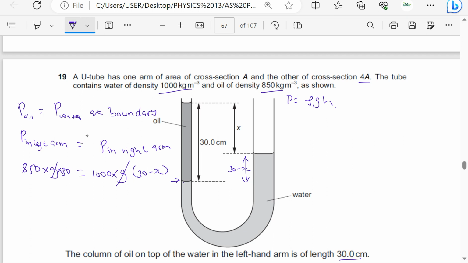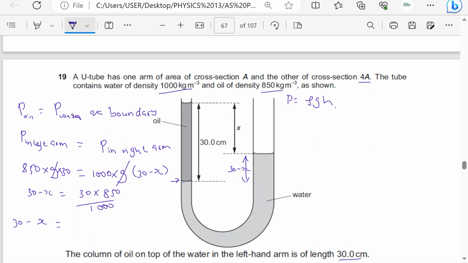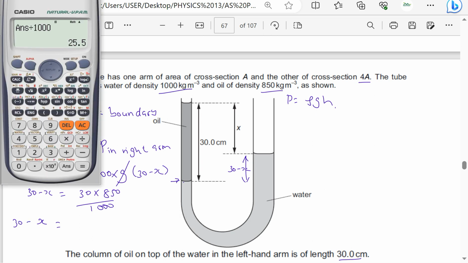So G has cancelled out. That means 30 minus x is going to be equal to 30 times 850 divided by 1000. That is 25.5. So 30 minus x is 25.5.